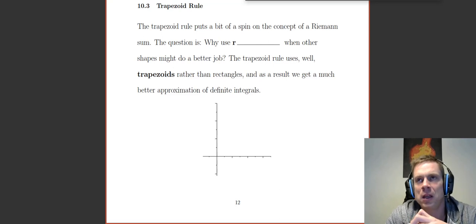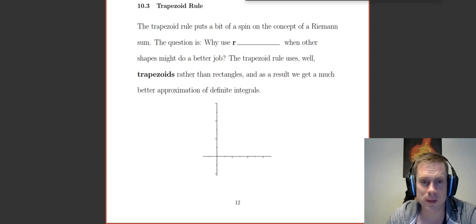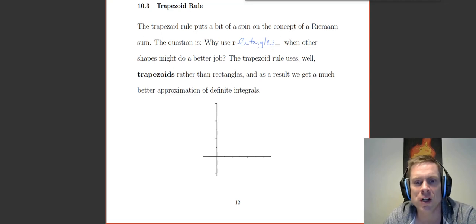Now, rectangles suck, especially because there are ways that we can finely tune that sort of strategy in order to do better. And where trapezoid rule comes in is a really simple spin on the concept of a Riemann sum. The idea is this: why use rectangles when other shapes might do a better job?